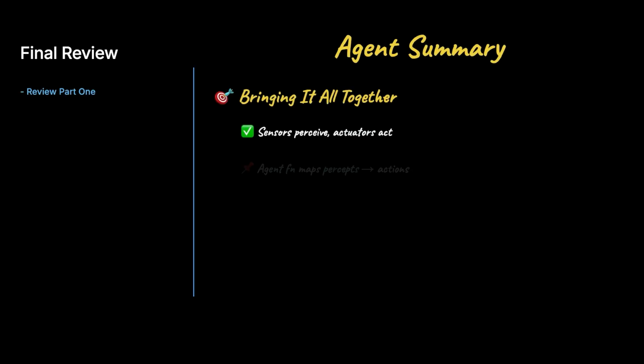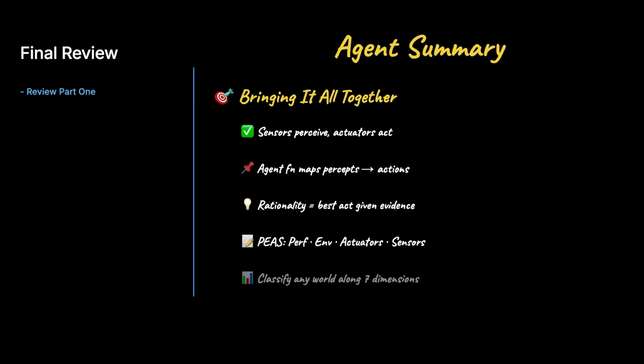Let us bring it all together. You now know that an agent perceives through sensors and acts through actuators. Guided by an agent function and judged by a performance measure, you understand rationality as doing the best you can with the evidence you have captured in a PEAS specification, and you can classify any world along 7 dimensions.